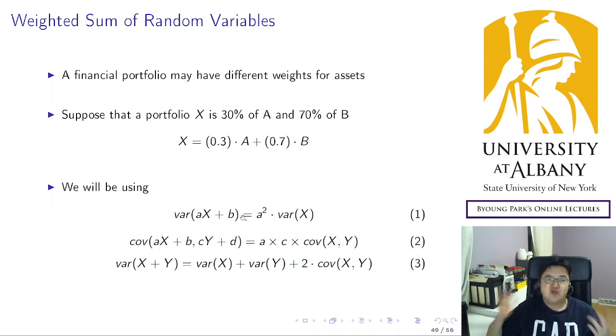We are not going to add anything, so there is only multiplication. So plus B and plus D do not matter at all. And third, variance of X plus Y is variance X plus variance Y plus 2 times covariance, right? So we will use these three formulas to study the variance of X.